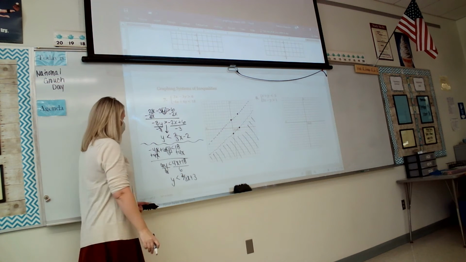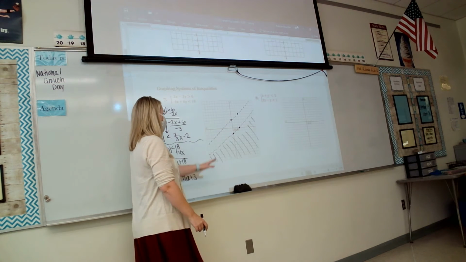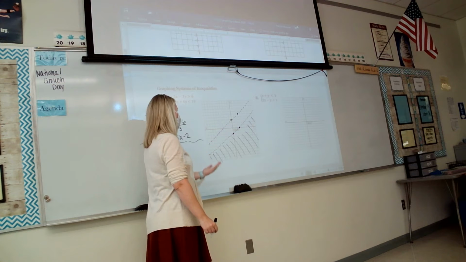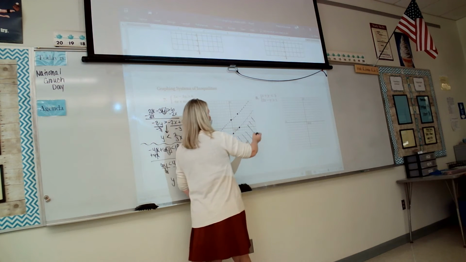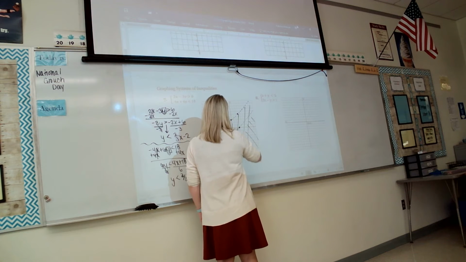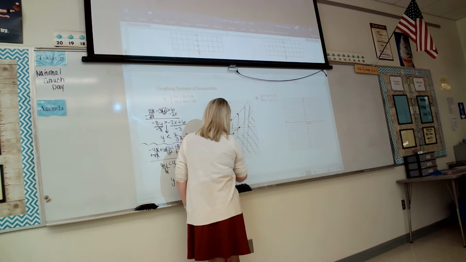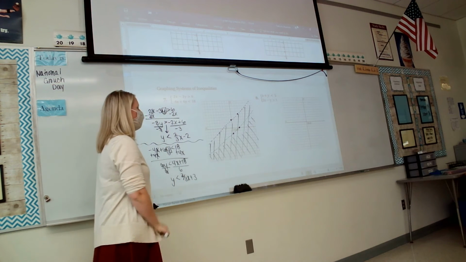And then I'm going to shade. And this says y is less than this line. So I'm going to shade everything below that line. I try to kind of just do it in a different way, so I'll do mine. You can use 2 colors, you can use whatever you please.